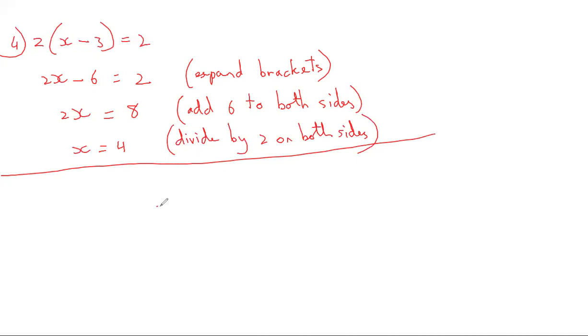When you have situations where multiplication is happening, to get rid of the number in front of x, you divide. Whenever you want to get rid of something, generally speaking, you do the opposite operation to what it is presently doing. So 2 is currently multiplying x.